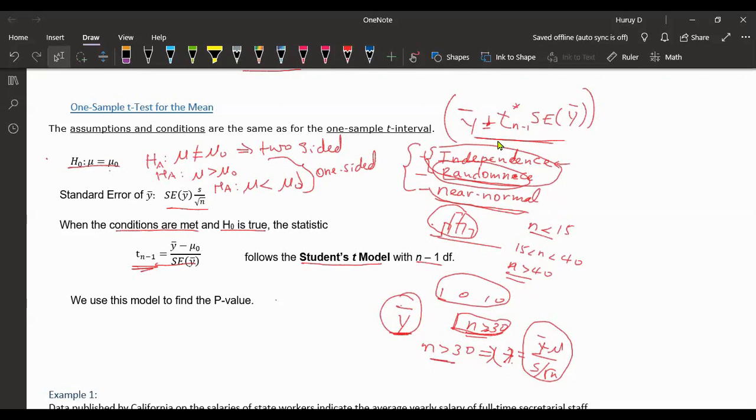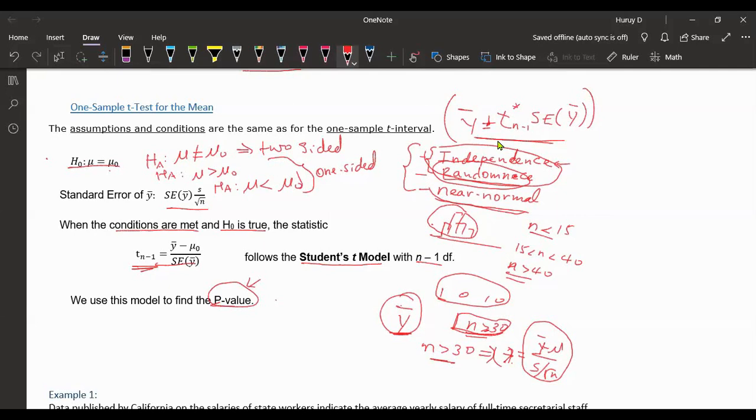And since we know now this follows a t model, we use the t table to find the p-value. This p-value is the one we use in order to decide whether to reject the null hypothesis or fail to reject the null hypothesis. So this is the final decision.